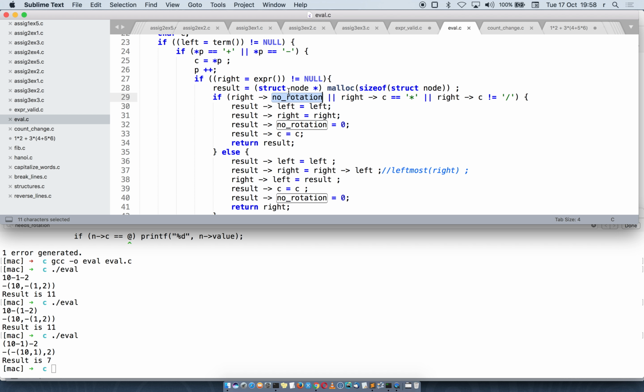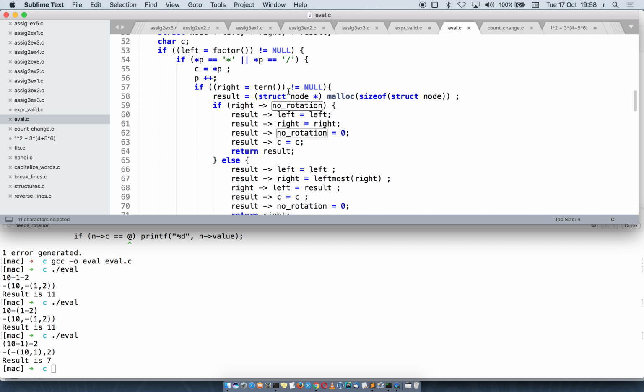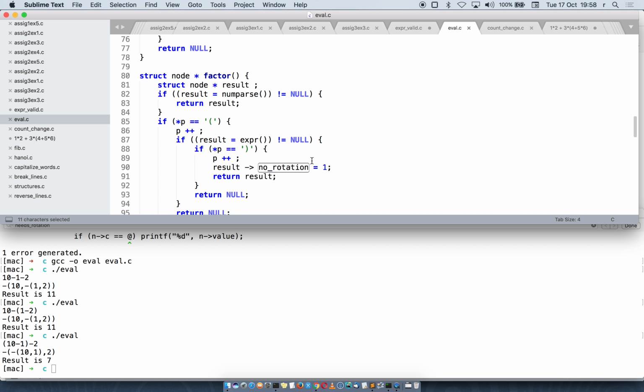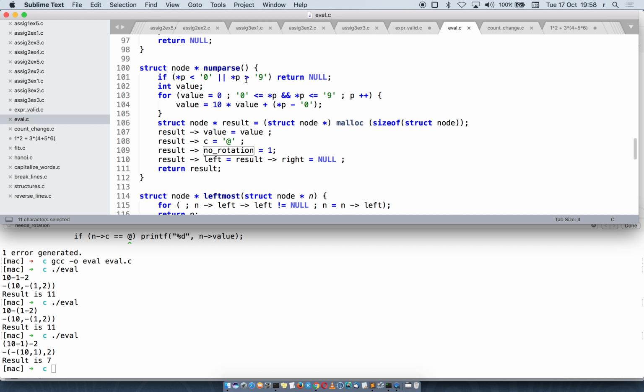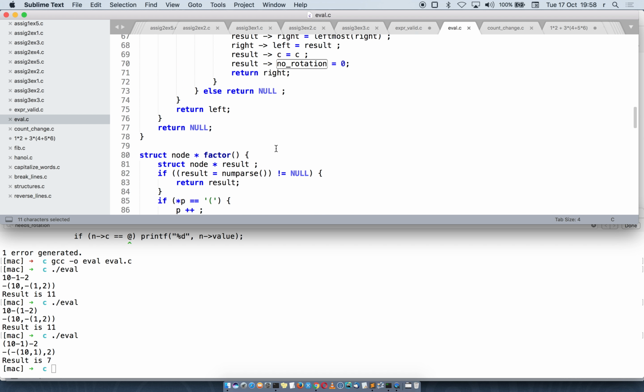What do we do with a no rotation? I'm completely confused. Do we want rotation or not? So we don't want rotation for brackets, and we don't want rotation for numbers, right? So when we have brackets, it says indeed no rotation, and when we have numbers, which is indeed no rotation, right?